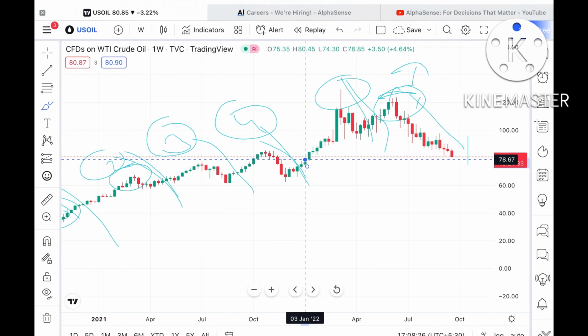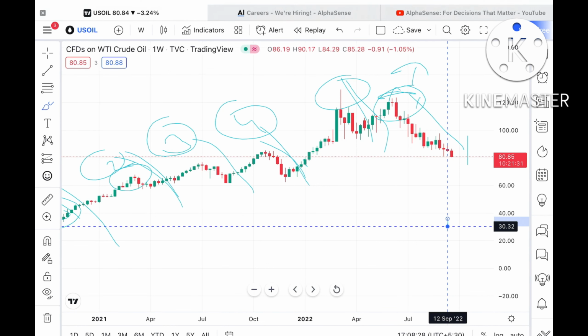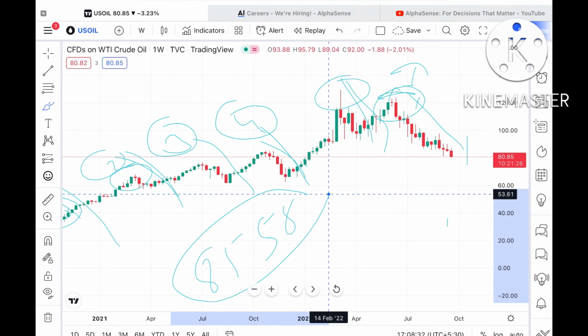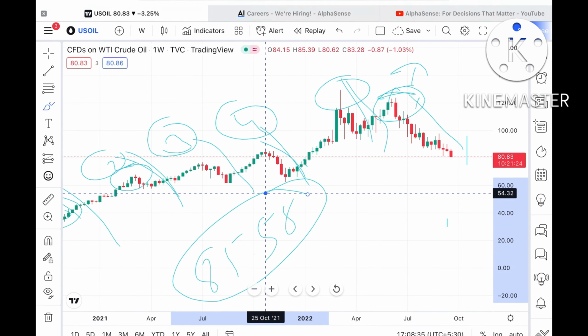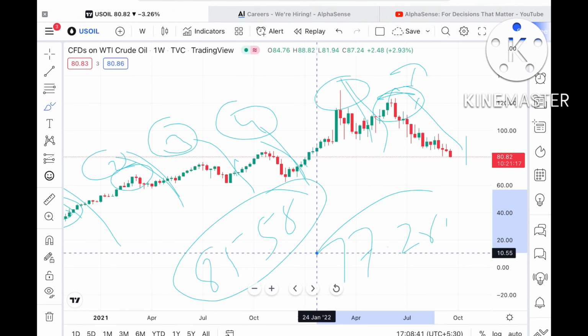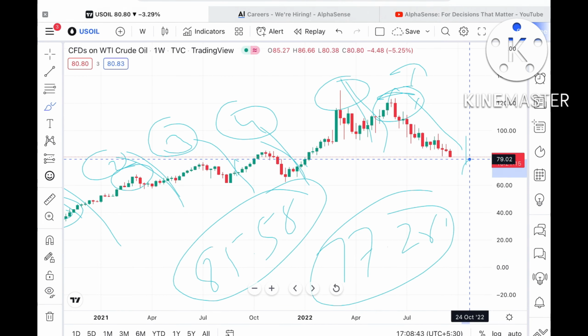So I'll explain where it can go further down. Suppose the price doesn't sustain this particular level of 85.87, this is where it has come down to a level of $80.83. Now if this level doesn't sustain, the next support is coming at around 77.26, which I have already explained in my previous videos.